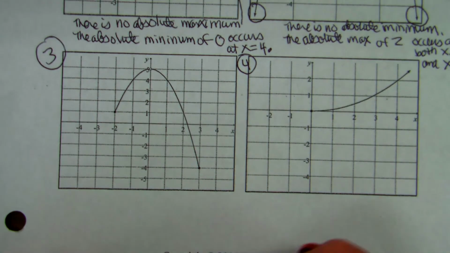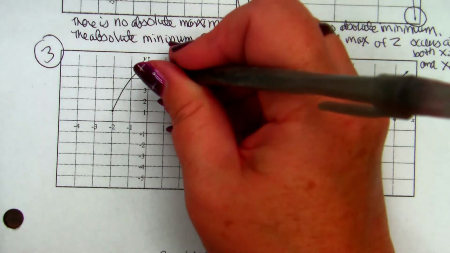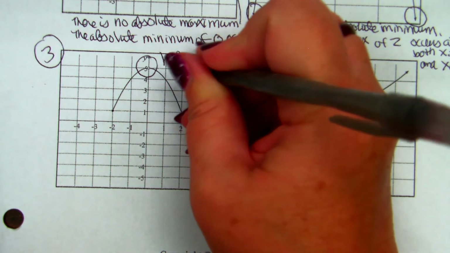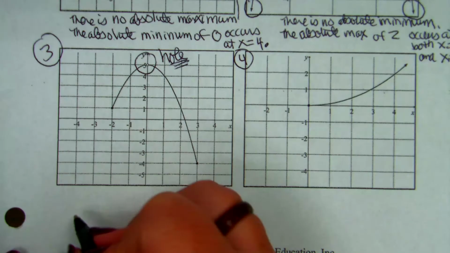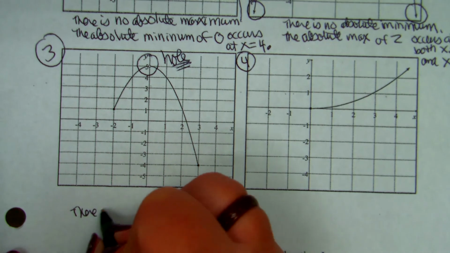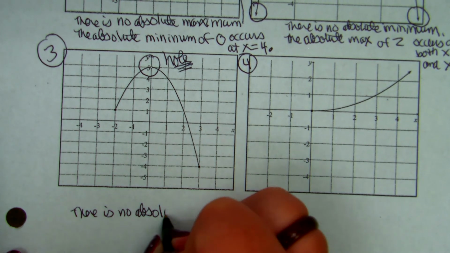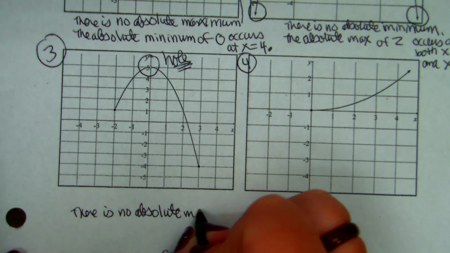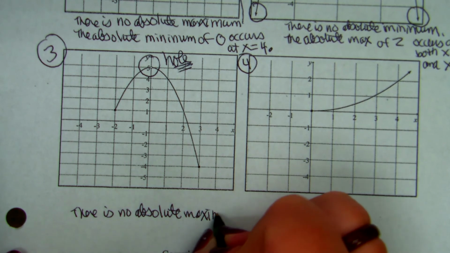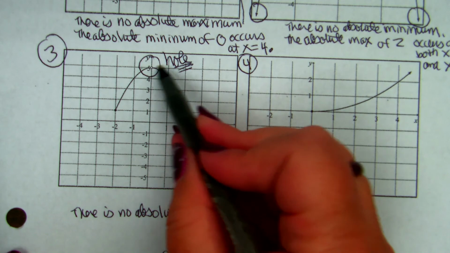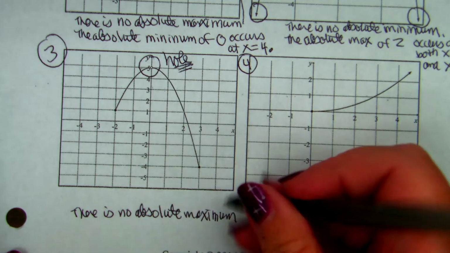Is there a maximum? Well, there's an open circle, it's a hole. Because there's a hole, there is no absolute maximum. It's an open circle. If it was closed, then the maximum would be 5 at x equals 0.